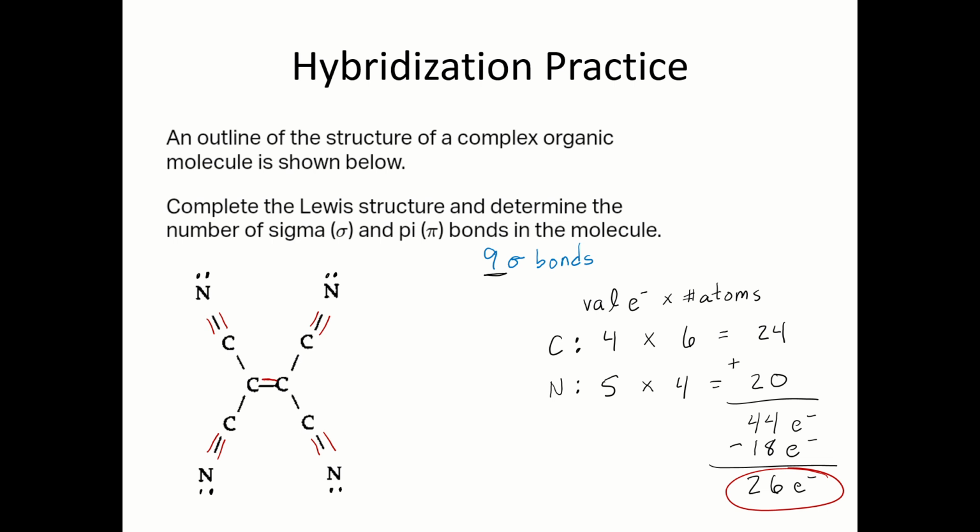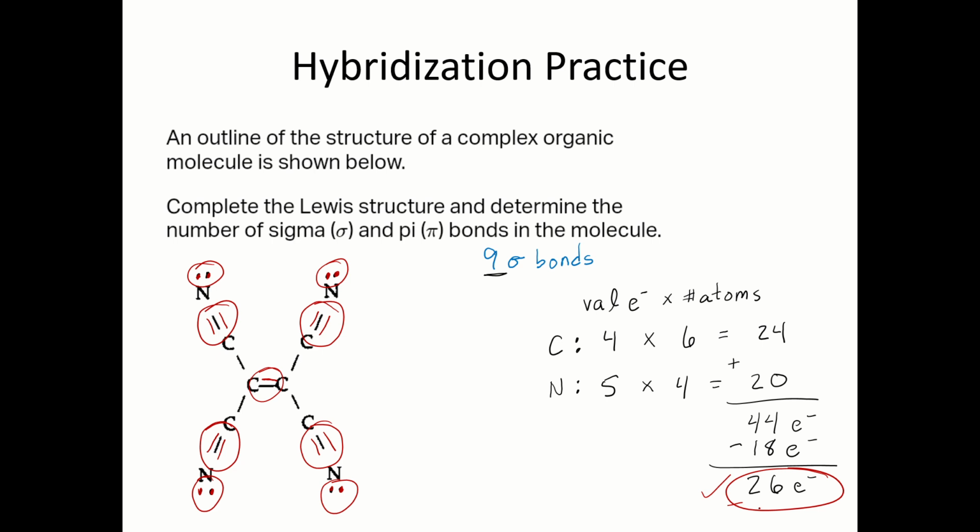Okay, and so all of those red marks from the lines as well as the lone pairs should add up to 26 electrons that I had left over. If I went through and counted, that would be 2, 4, 6, 8, 10, 12, 14, 16, 18, 20, 22, 24, 26.